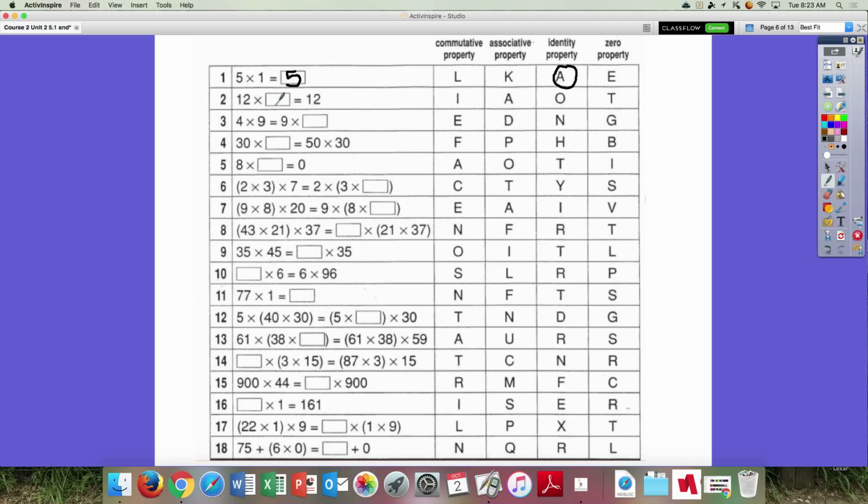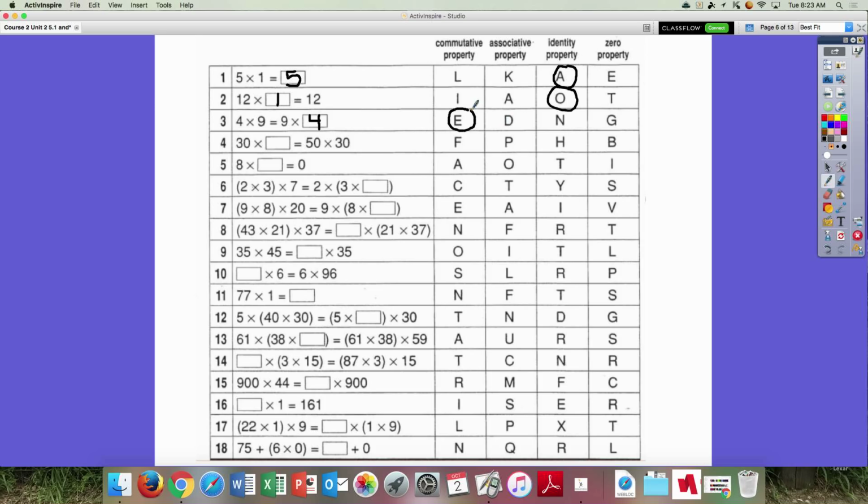So 12 times what equals 12? 1. So what property is that? It's that identity property again. Okay? 4 times 9 equals 9 times what? 4. Good. So what's moving? The numbers. So is that the commutative or is that the associative?